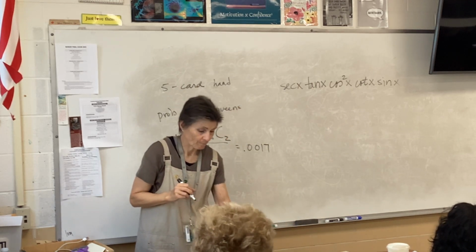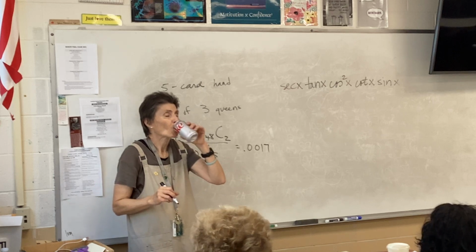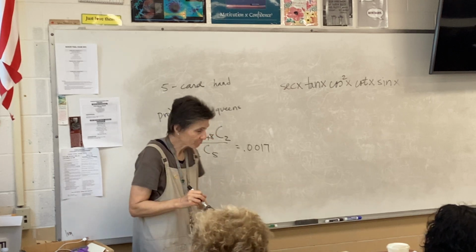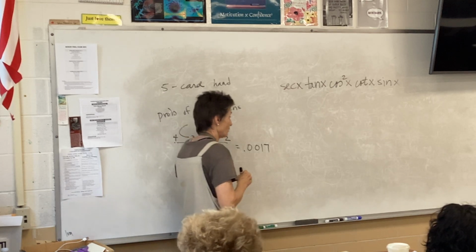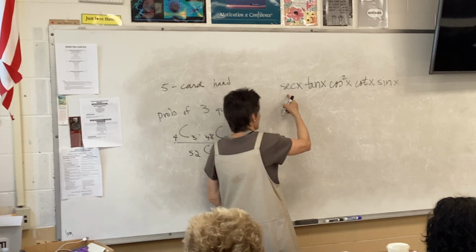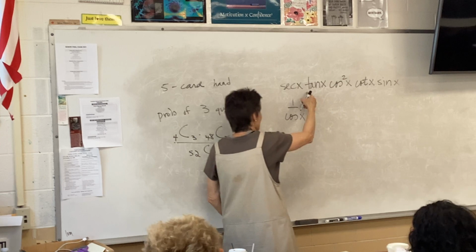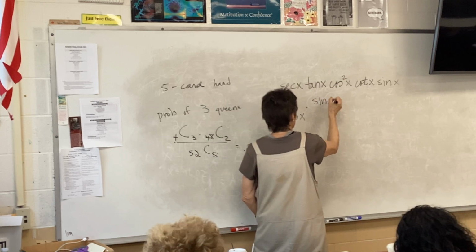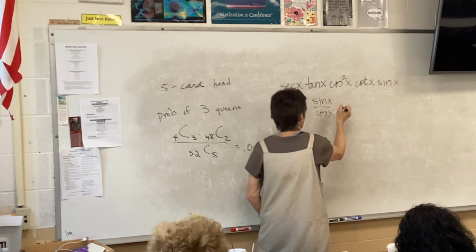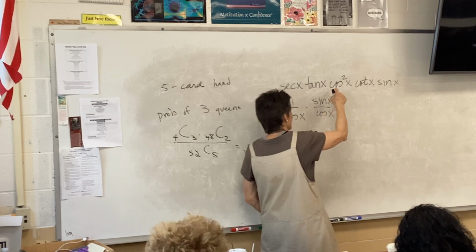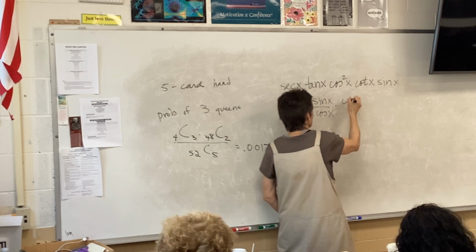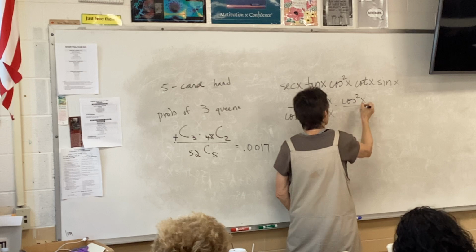What do we do? We write them all as what their equivalent fraction is. So secant is 1 over cosine. Tangent is sine over cosine. Now, if it's a cosine, we just leave it cosine, in this case squared.